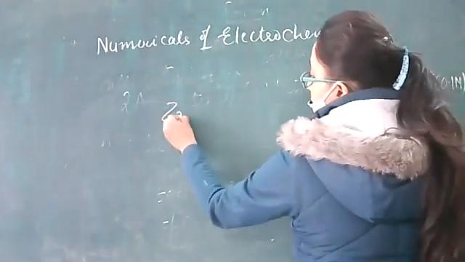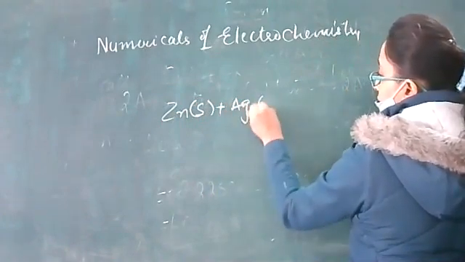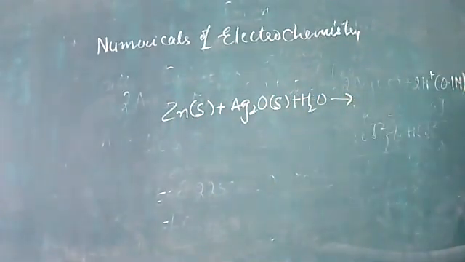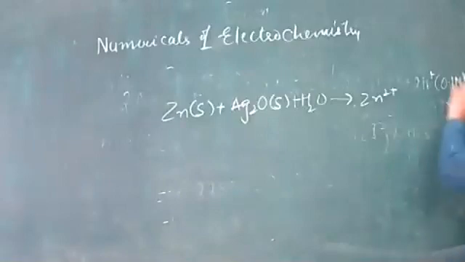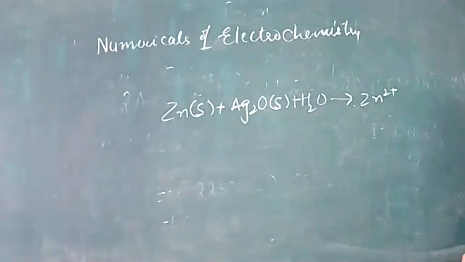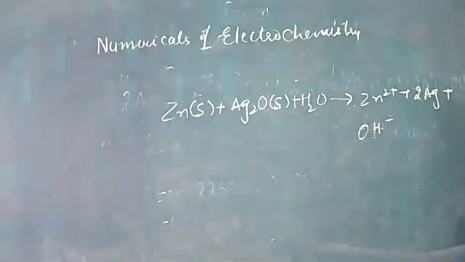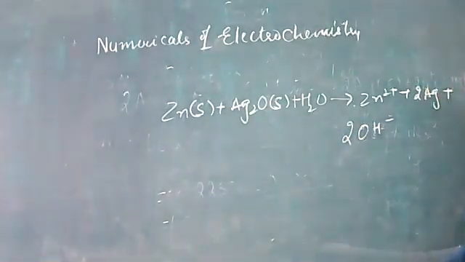That is zinc solid plus silver oxide solid plus water, giving you zinc 2 positive plus OH negative plus OH negative. So this is the button cell reaction given to us.